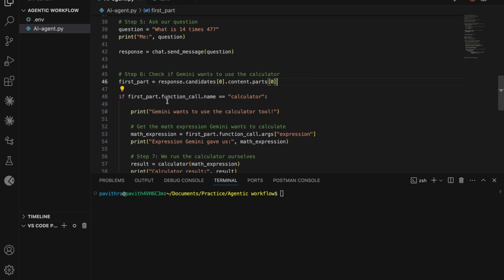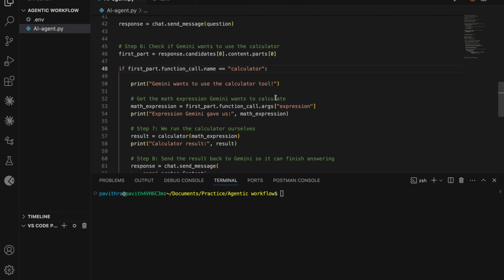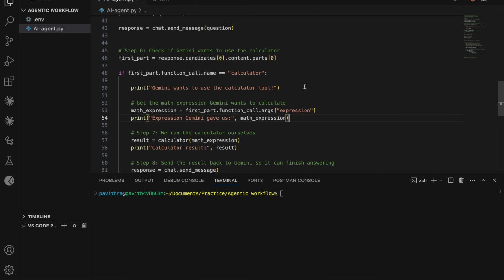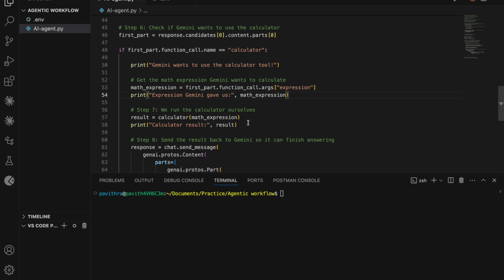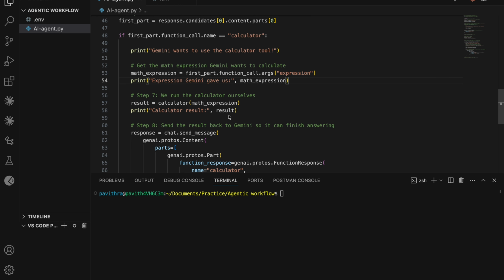This is the first part, the function call, that is our tool calculator. Next, the expression, which is about multiplication. Based on the expression, it calculates and gives the result to Gemini, and at last we'll have the answer. So the calculator results will have the results in here.